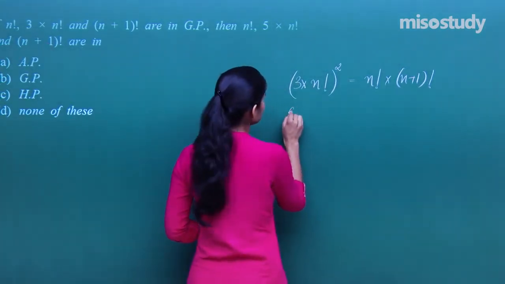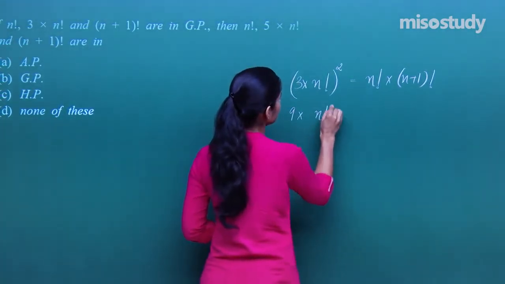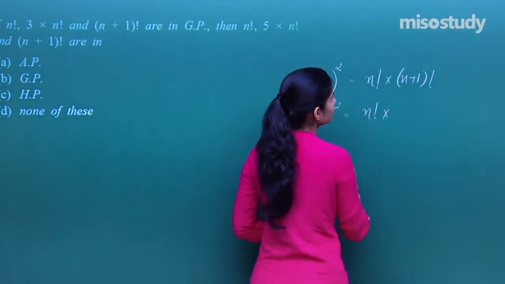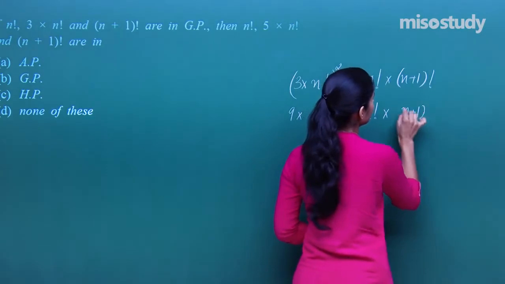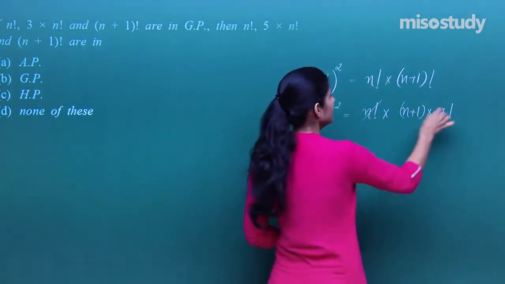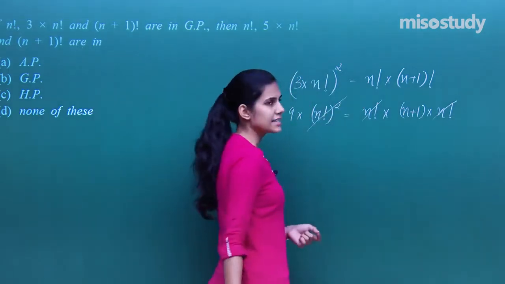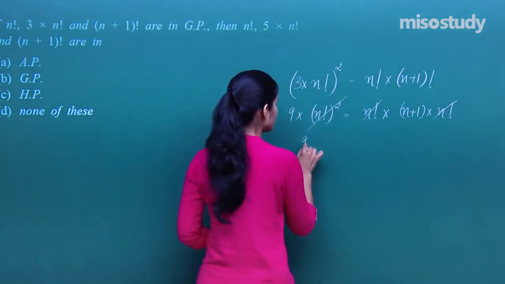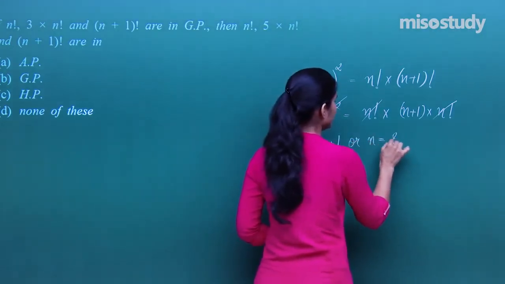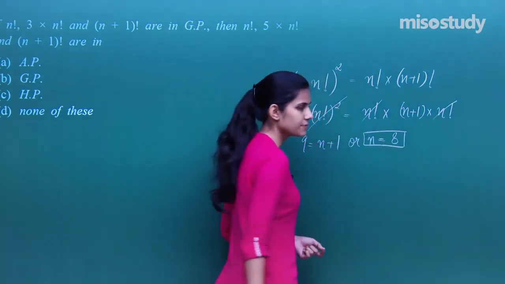So this becomes 9(n!)² = n!·(n+1)·n!. Obviously (n!)² gets cancelled out from both sides. You are left with 9 = n+1, or n = 9 − 1, that is 8.